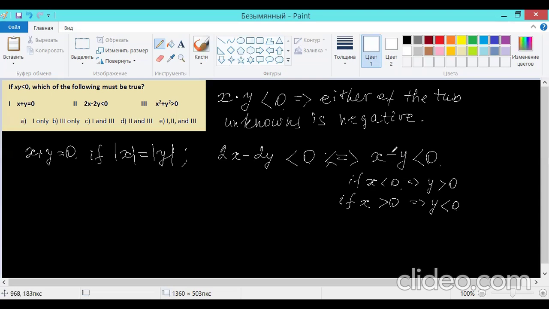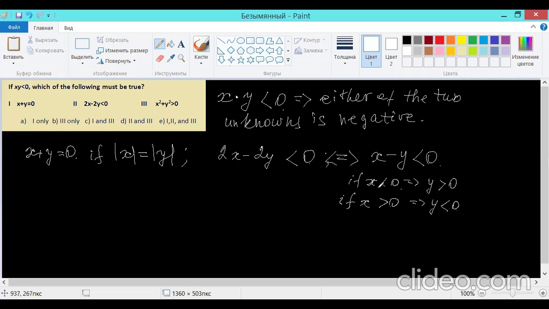And what we will get? We will get a positive number minus a negative number, minus minus. And finally, we will get the sum of two positive values, and it's positive and it cannot be less than 0.